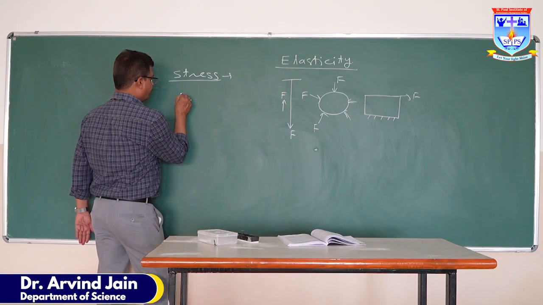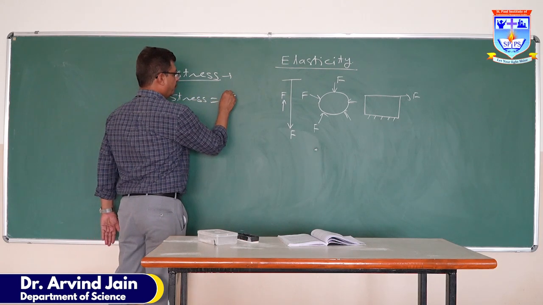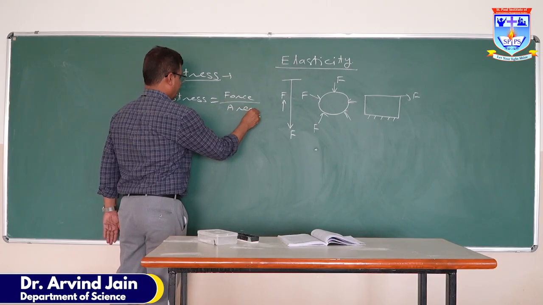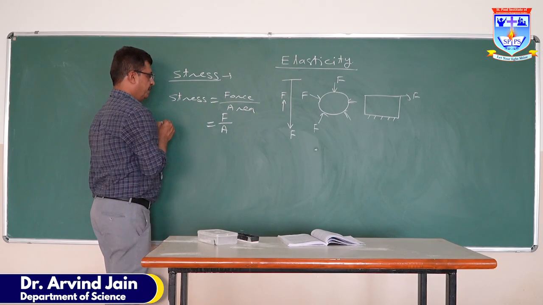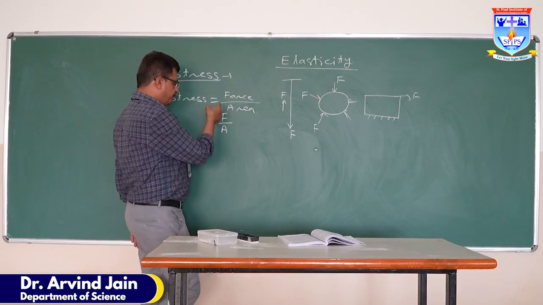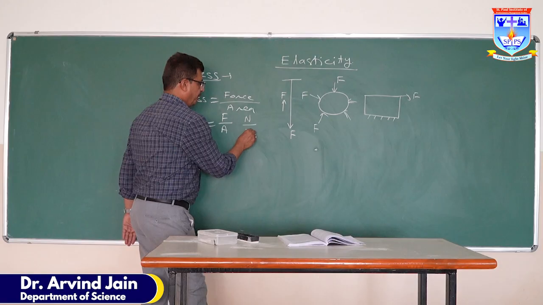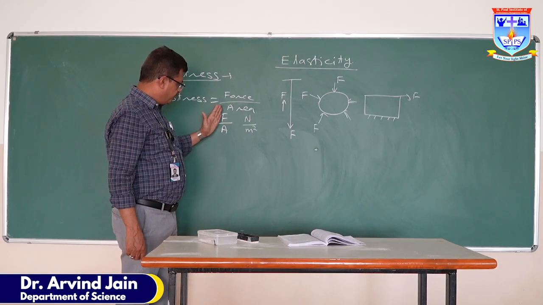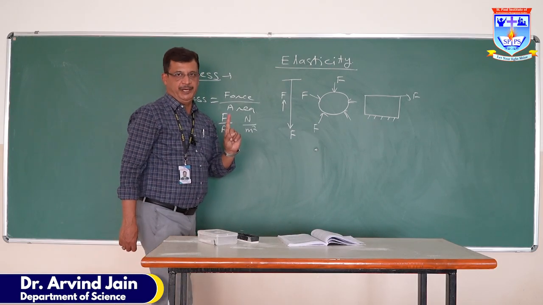So stress equals force upon area, that is F upon A. According to this formula, the unit of stress is Newton per meter square. Unit of force is Newton and unit of area is meter square.